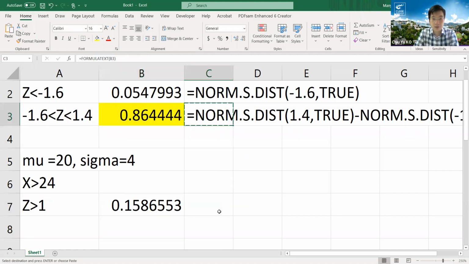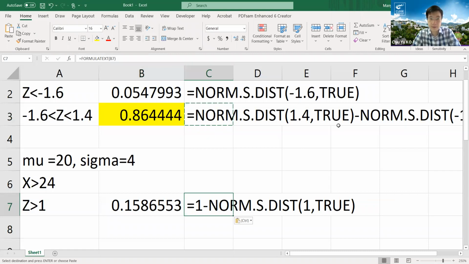Is that okay for this one? Can you see the spreadsheet? Because it's bigger than, and the cumulative is always less than, so it's 1 minus. It's a complement.